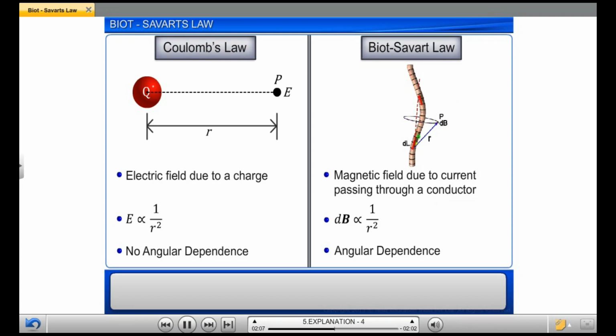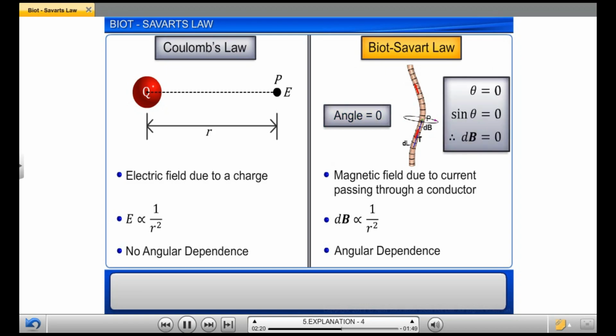However, if point P is in the direction of the length of the conductor, the angle between the current and the line joining the point is 0, and hence the magnetic induction dB for such a point due to the current-carrying conductor is 0.